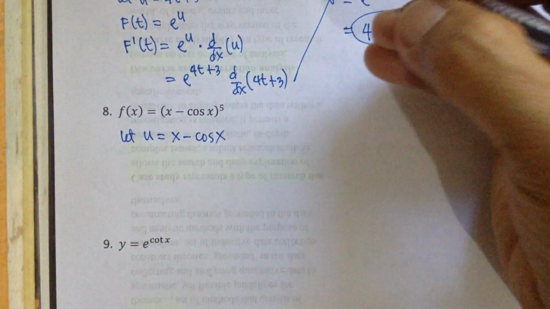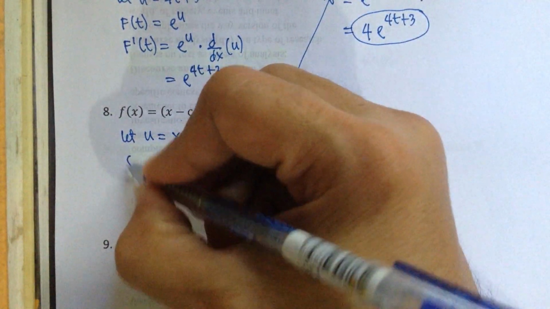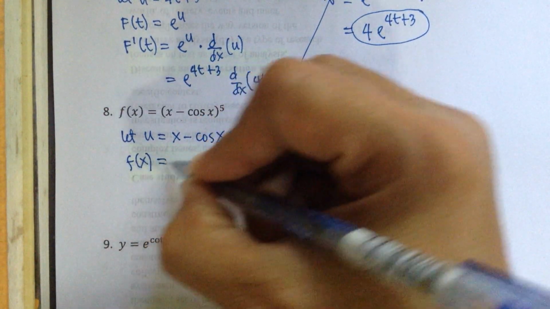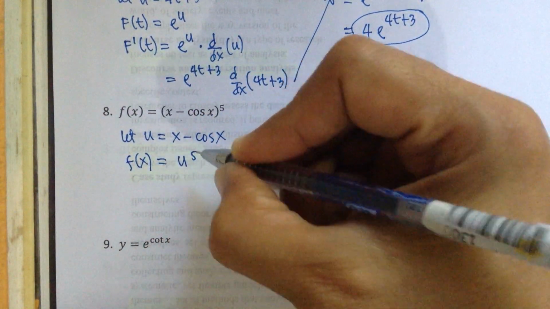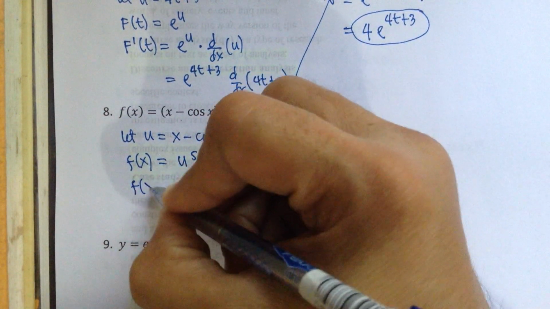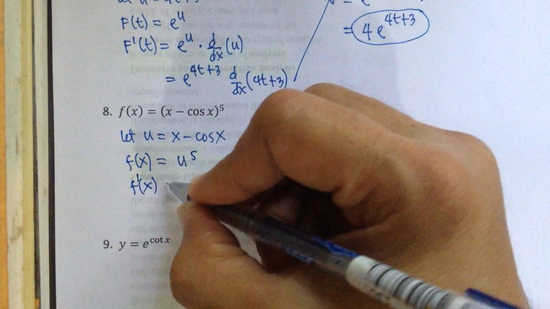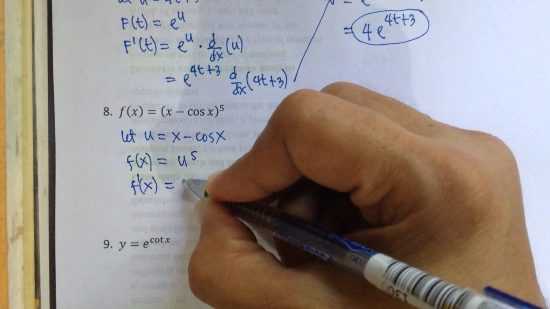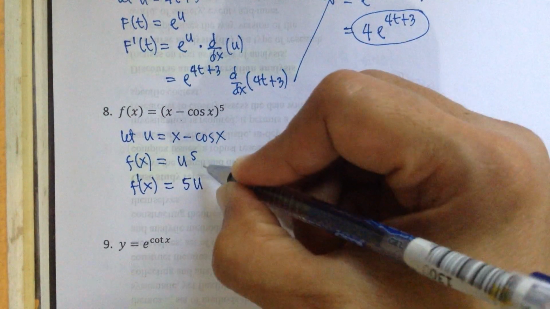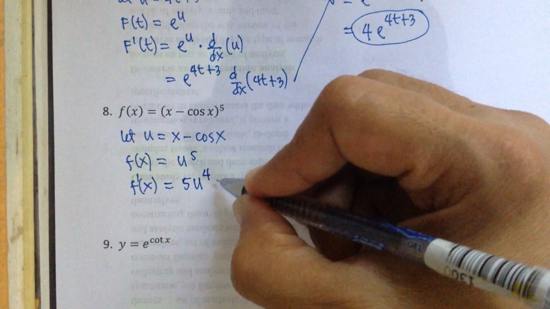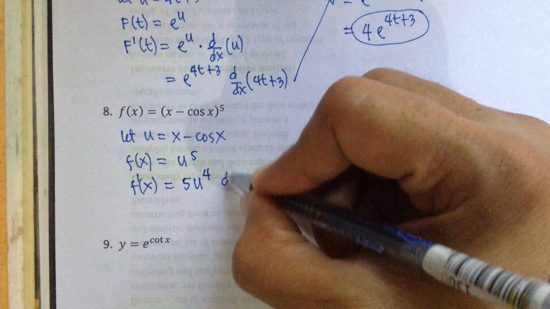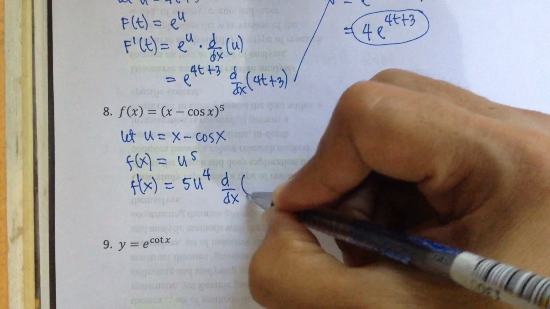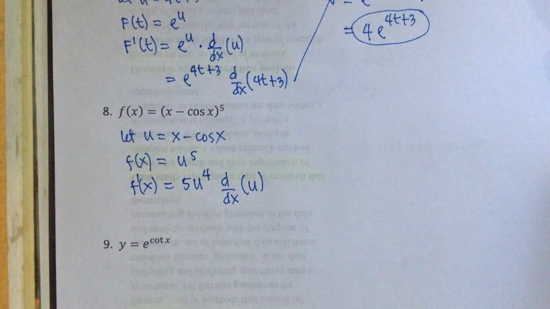Okay, and then your f of x can be written now as u raised to 5. And this particular form has a derivative of what? 5 u to the 5 minus 1, which is 4. But don't forget, according to the chain rule, compute for the derivative of your u.